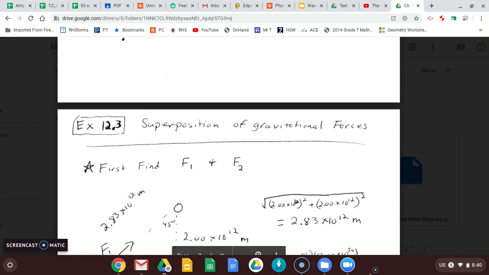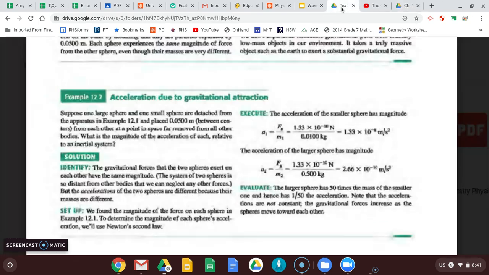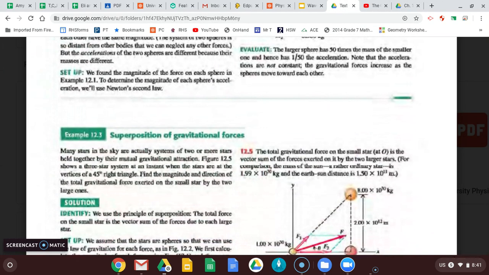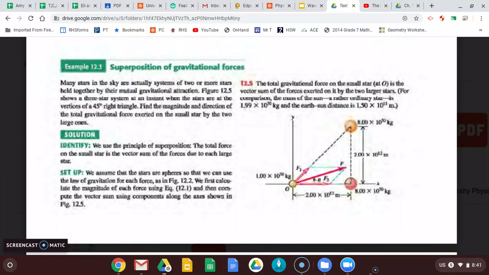All right, and finally, let's go into the system where we might have to use a little bit of vector math. This would be example 12.3, so it should be bad. Let's put a system where there's not only two masses, but three, because obviously there's all kinds of masses around affecting each other and needing resultants.